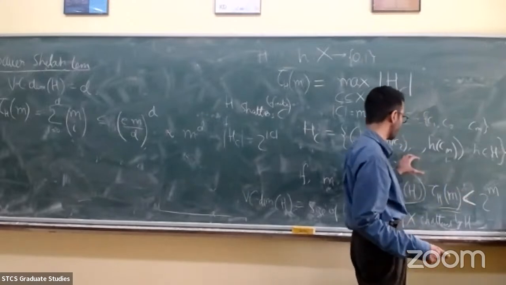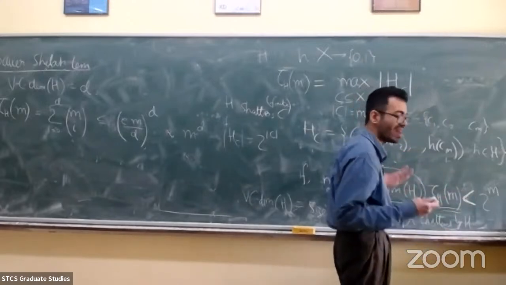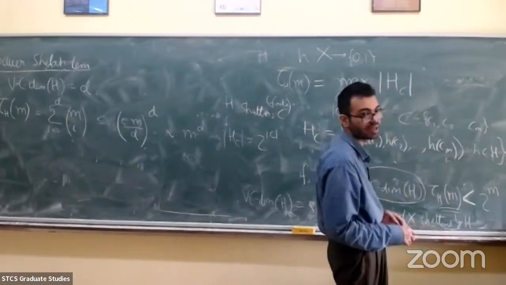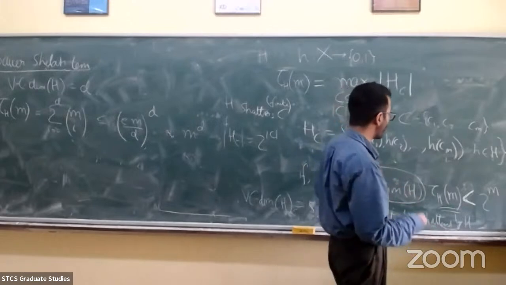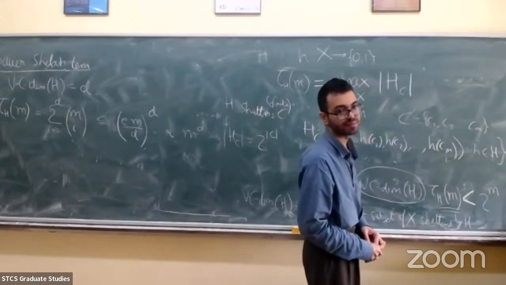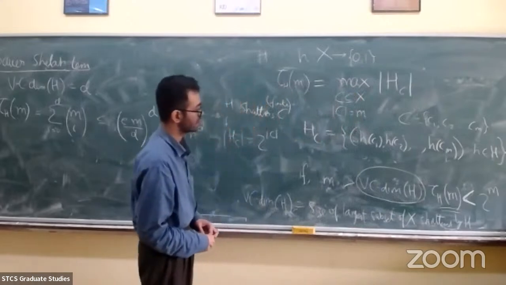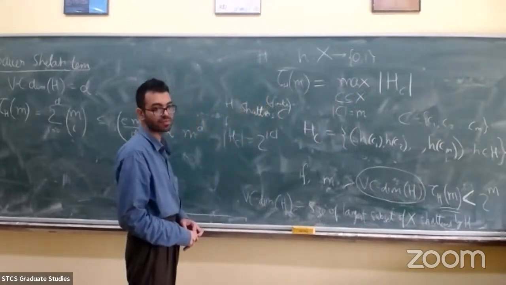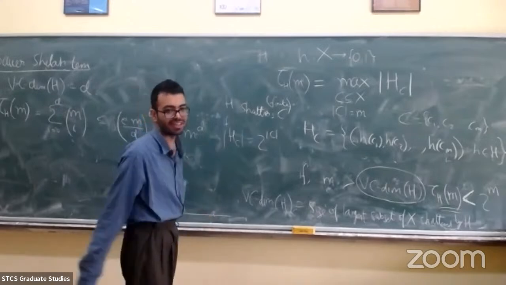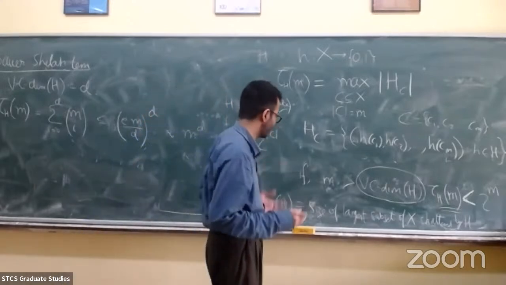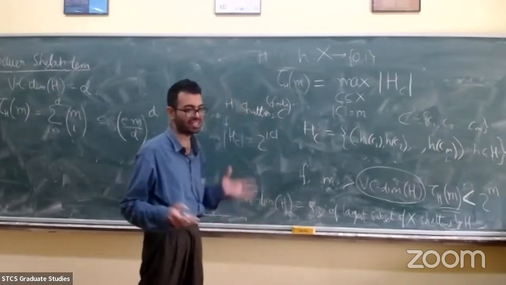There will be some labeling vector which will not appear in S, so you will not have all 2 to the M vectors in S. Okay, fine. Hopefully you understand. Otherwise, please read the book.